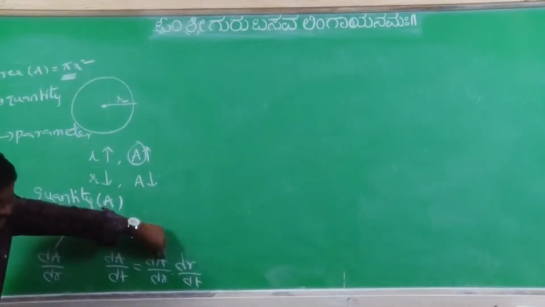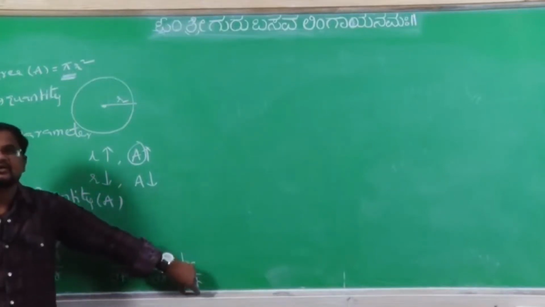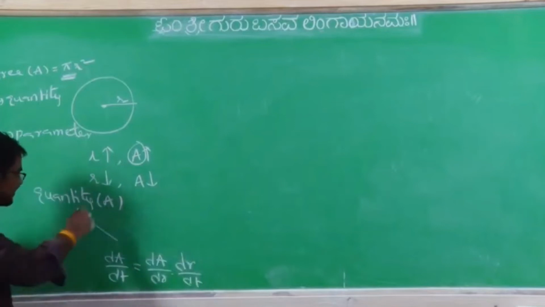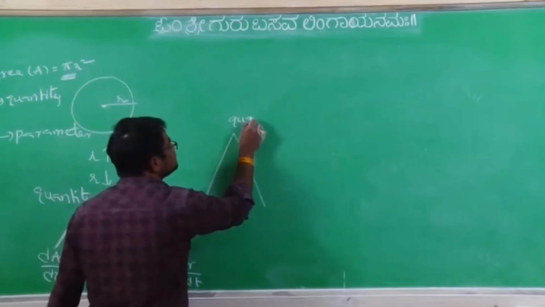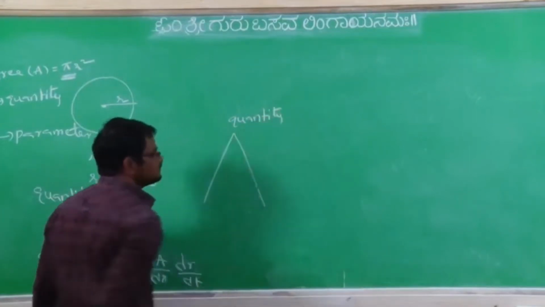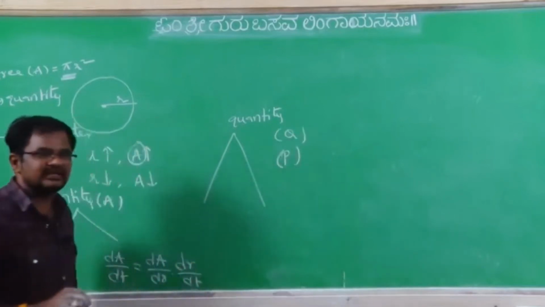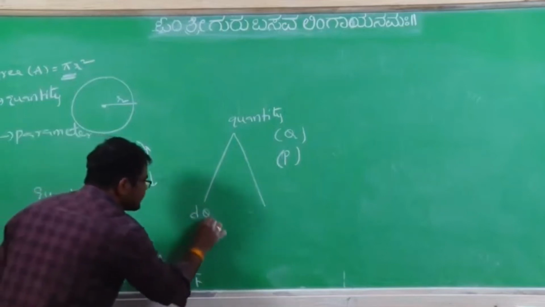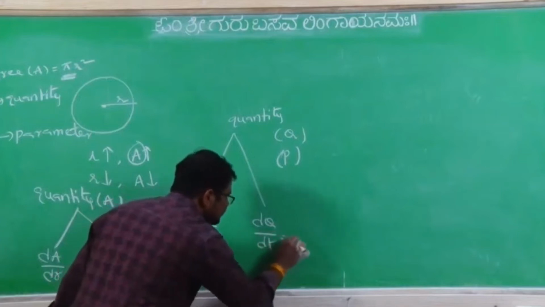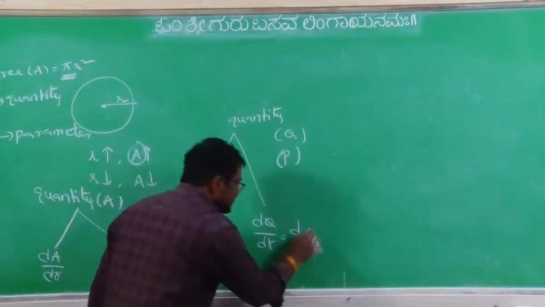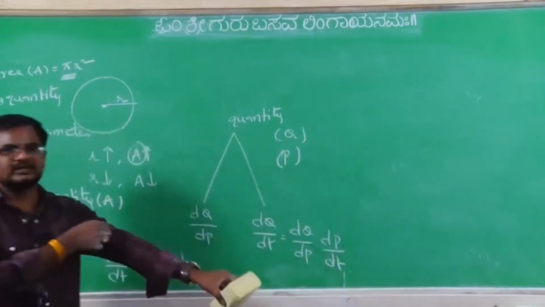Quantity A changes with respect to the radius, and this parameter radius changes with respect to time. Simply, you can write it like this also. Generalizing the statement, if you take the quantity as Q and the parameter as P, how to write it? dq by dt equals dq by dp into dp by dt.